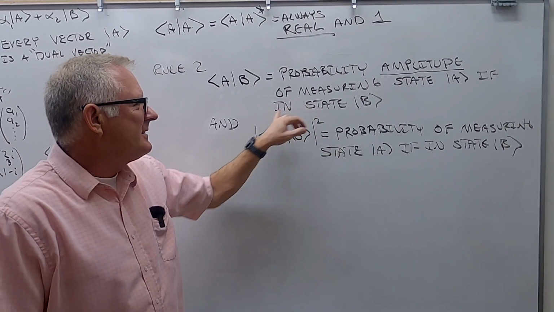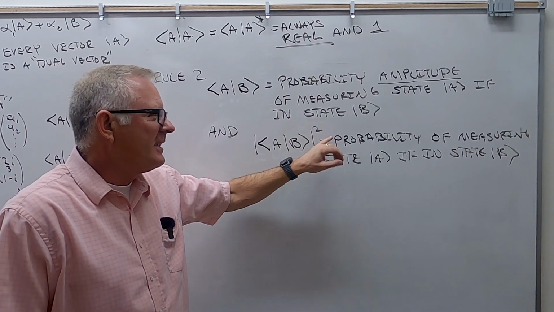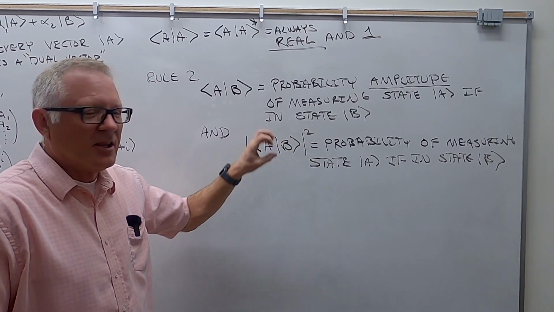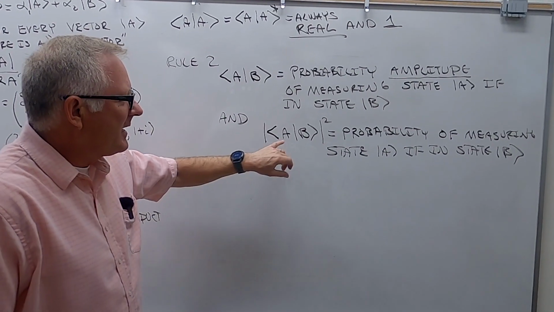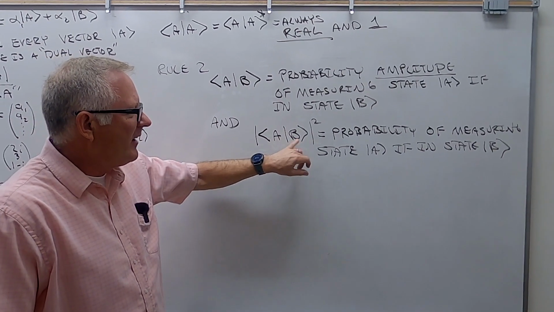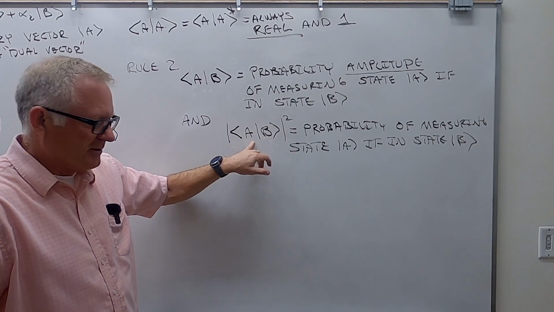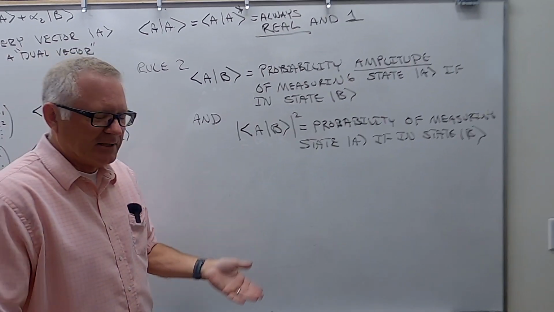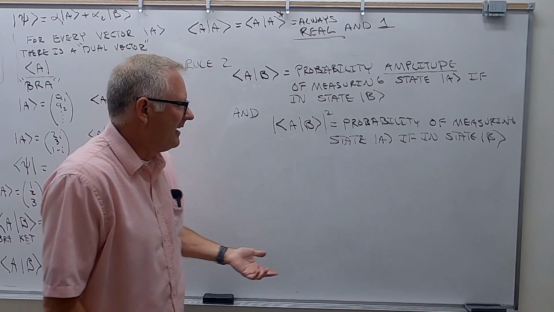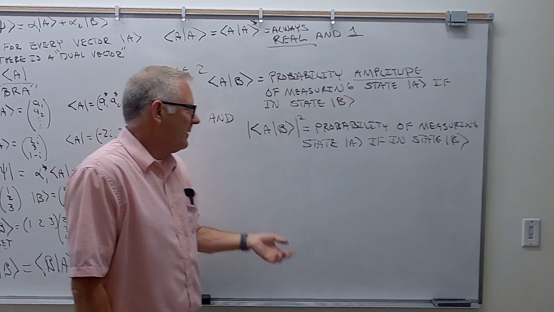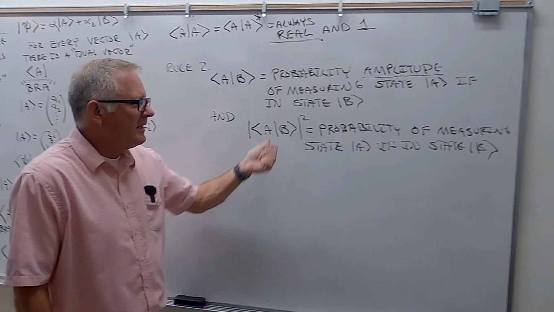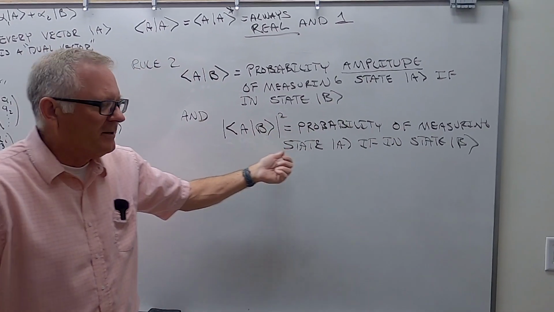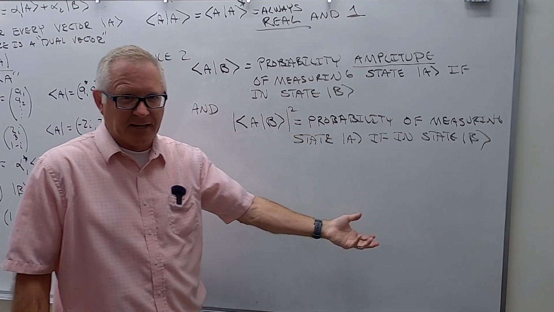Remember, this number right here is not only always positive, but it can't be bigger than 1. Because if you're dotting two unit vectors, it's the magnitude of one, magnitude of the other, times the cosine of the angle between them. Well, the cosine is a number less than 1. So you're multiplying 1 times a number less than 1. So this cannot be bigger than 1. You can't have a probability more than 100%.